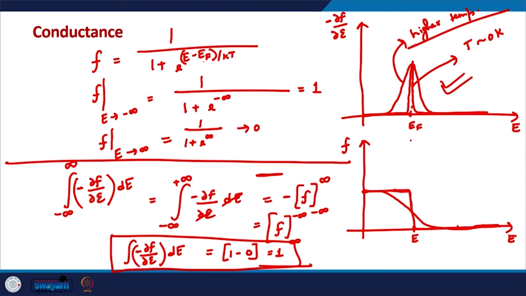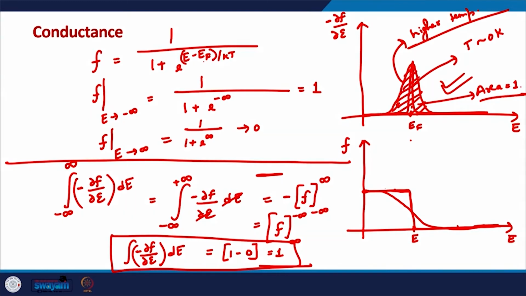One is that minus del f by del E is a window like function, and second is that the area that this function covers with the energy axis is 1. Which means that the area in this window, with respect to the energy axis, is 1.